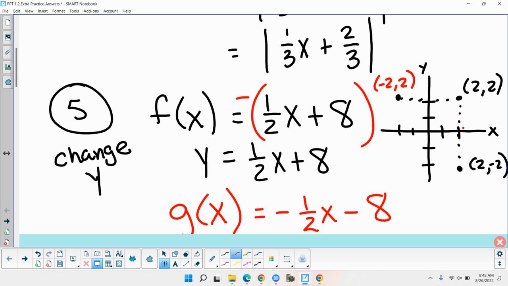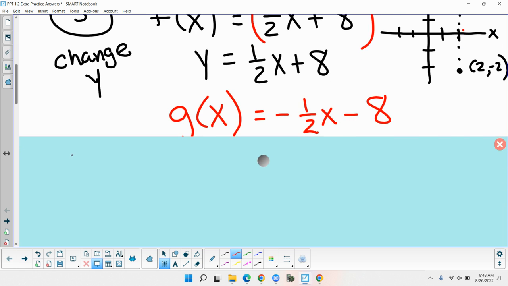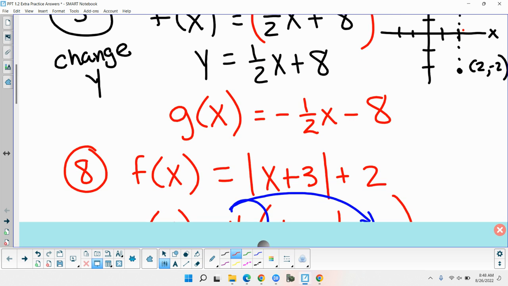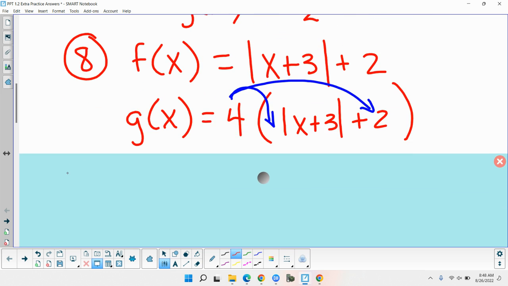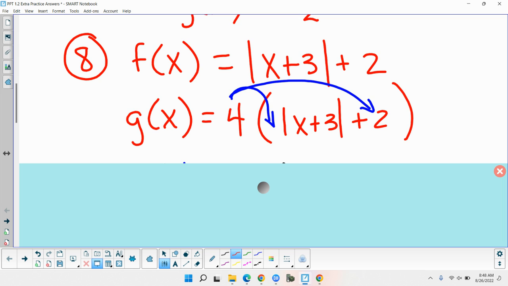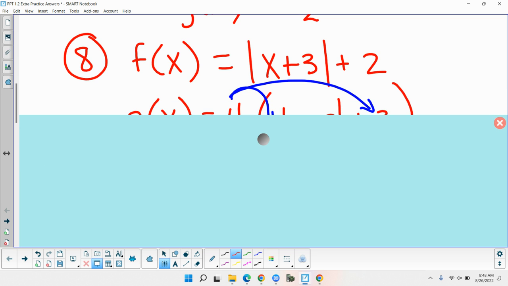So I take the opposite of the x for number 6. Oh, number 6 isn't there. That's 8. So what I did for number 6 is I just took the opposite of the x because it was a reflection in the y. Okay. Questions? 1, 2, 3, 4, 5, or 6?